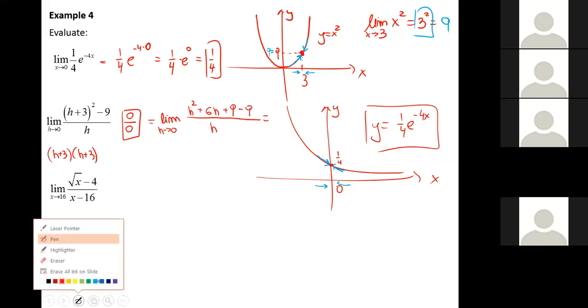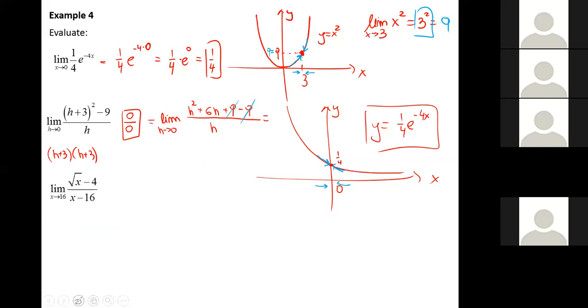And we can nicely see the first thing: h squared plus 6h. I will still copy my limit, and I am factoring h. I will use maybe a different color. The h and h, the common factor is gone. And that was the 0, that was the problem.